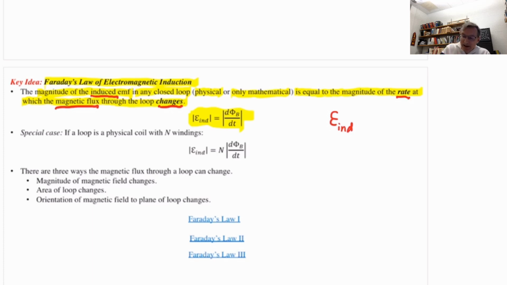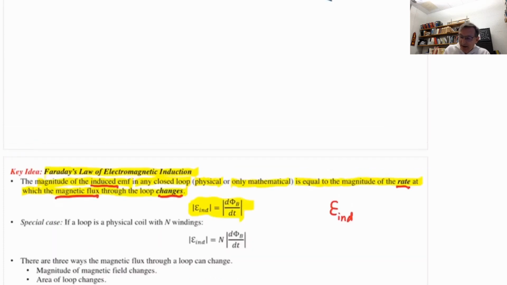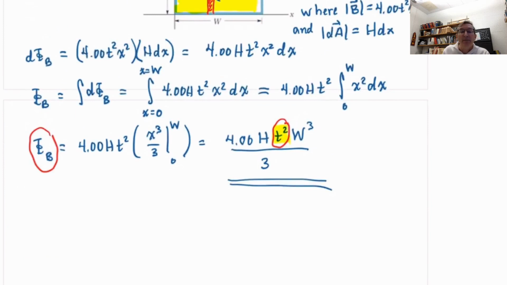Now I just did a little mini example where I calculated magnetic flux through a loop that depended on time. See it there? I had an example where I had a phi sub b equal to 4h t squared w cubed over 3. So if I asked you, you ought to be able to do that calculation. Yes, for that phi sub b, d phi sub b dt.